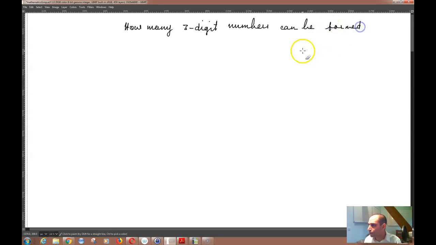You want to know how many 3-digit numbers can be formed from the digits 1, 2, 3, 4, and 5, assuming that repetition of the digits is allowed and is not allowed.